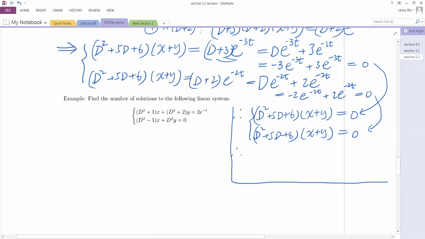So even though this is a system of two equations about two variables, the second equation is kind of redundant, because the information you get from the second equation repeats the information you get from the first equation. Make sense? So only equation number one works. There's only one equation about two unknowns.